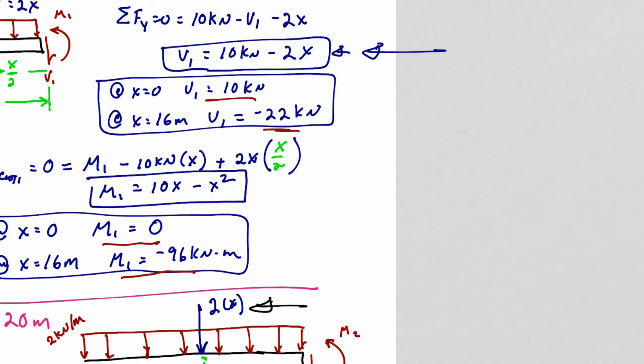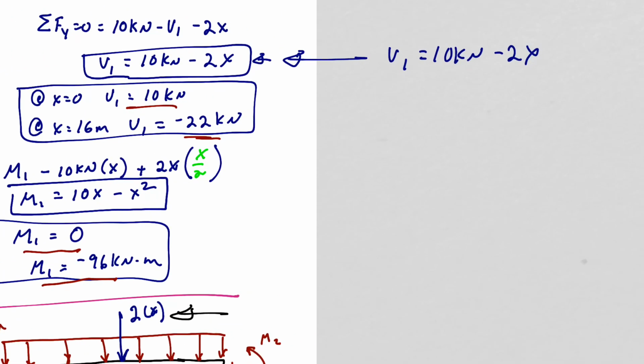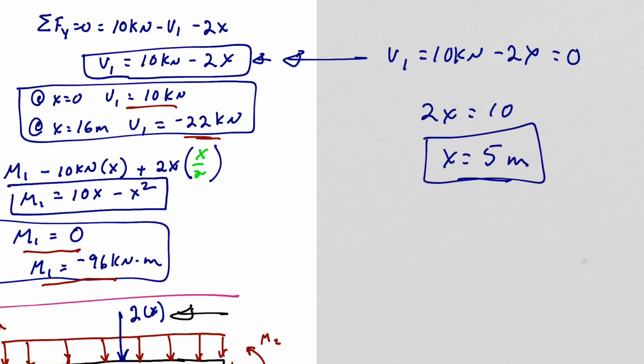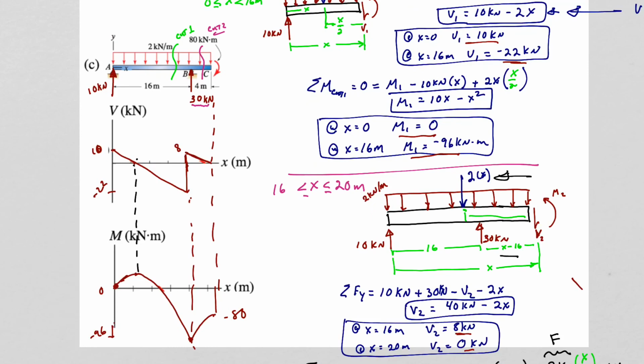We see that V1 equals 10 kilonewtons minus 2x. And if we set that equal to 0, when our shear is equal to 0, we can solve for this, right? We have 2x equals 10, or x equals 5 meters. So that's where that is located, at 5 meters. So that is also here, 5 meters.